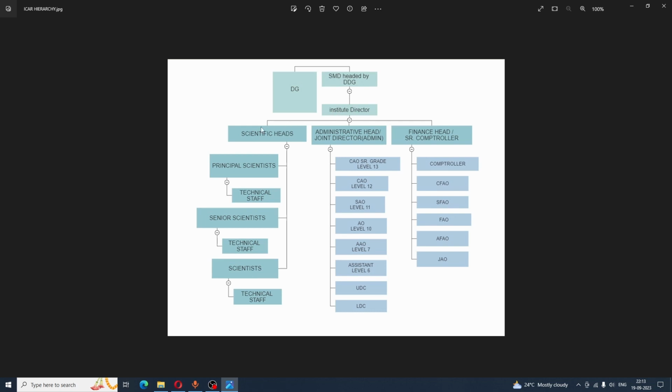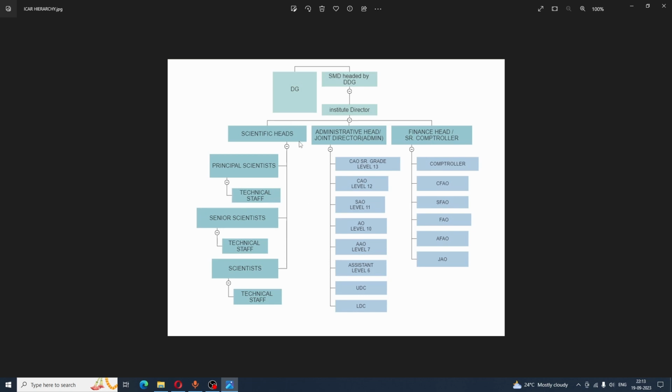Within the institute there are many scientific heads, and below the scientific heads there are many scientists, and each scientist can have technical staff associated with him to help him in the research.